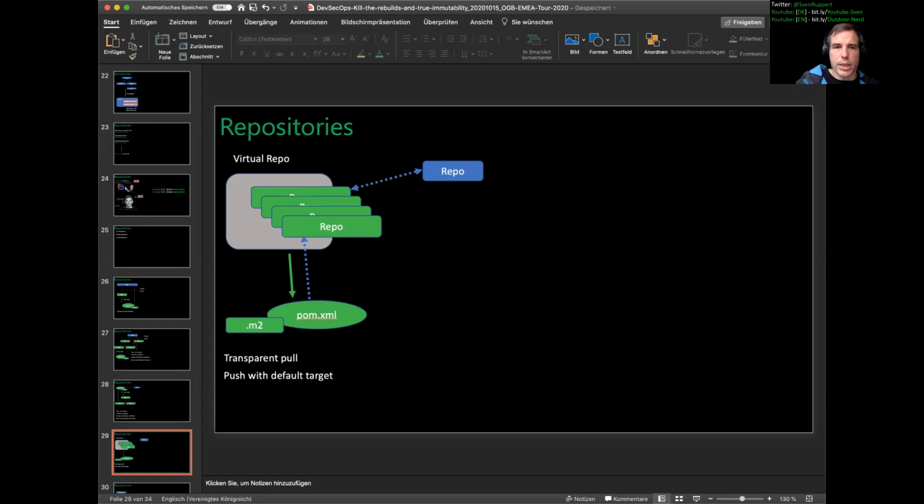What's better? Better is if you're working with virtual repositories, if you have the choice. Then you can have a single virtual repository for a build pipeline, and for every build step you aggregate just the repositories you need. And this is good if this virtual repository is able to handle push as well. So you're not pushing to a dedicated repository, but you're pushing to the virtual repository you're using for your dedicated build pipeline.